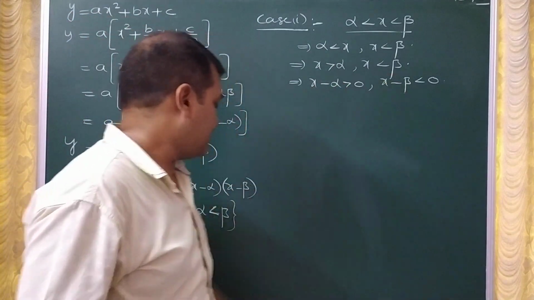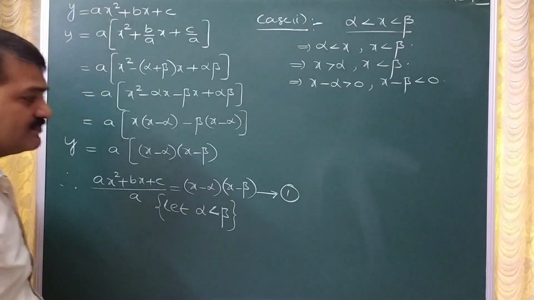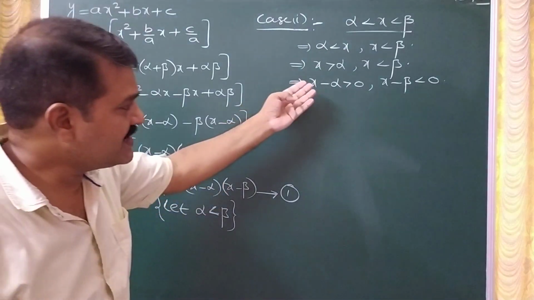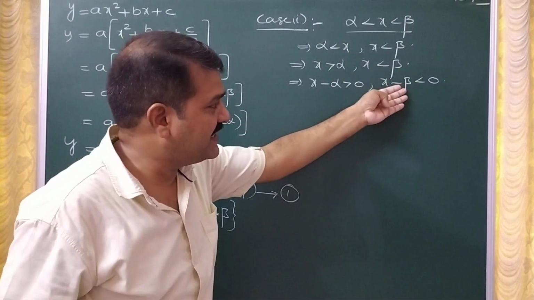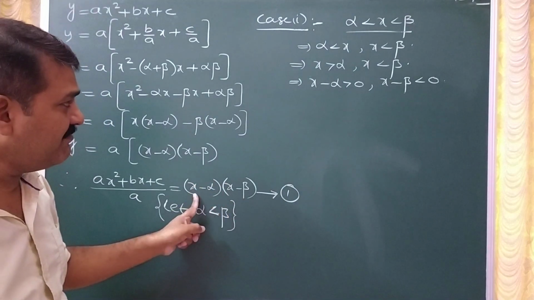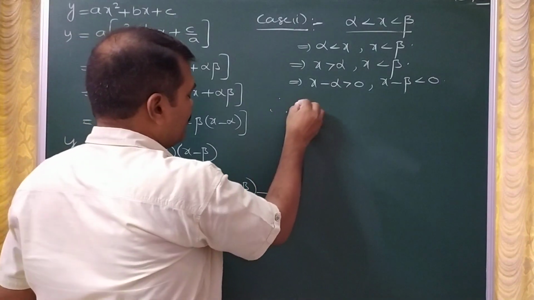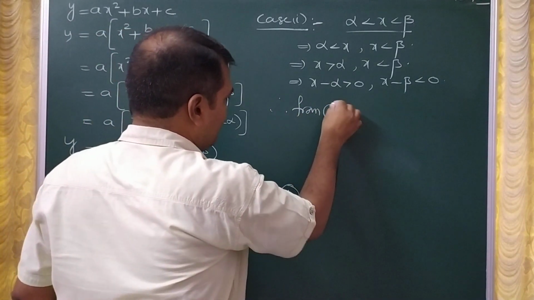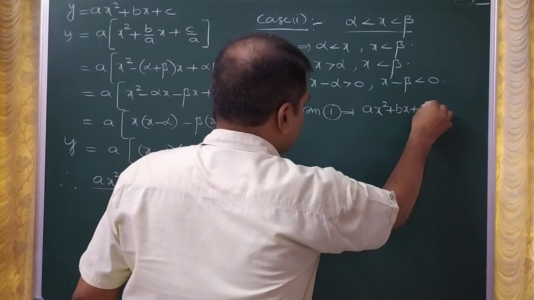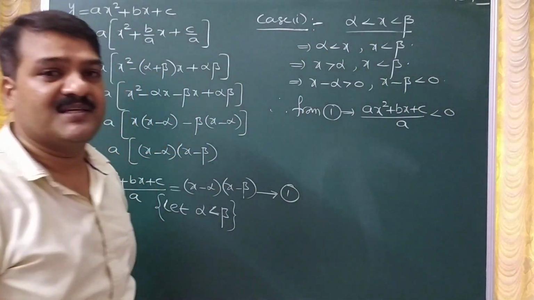Now use this in equation 1. x minus alpha is positive, x minus beta is negative. Then what is the product of these two? Positive times negative, the product is negative. So from 1, I can write that ax square plus bx plus c by a is negative, less than 0.